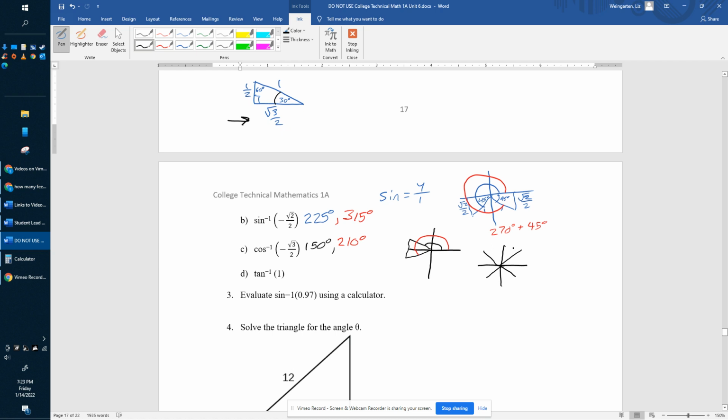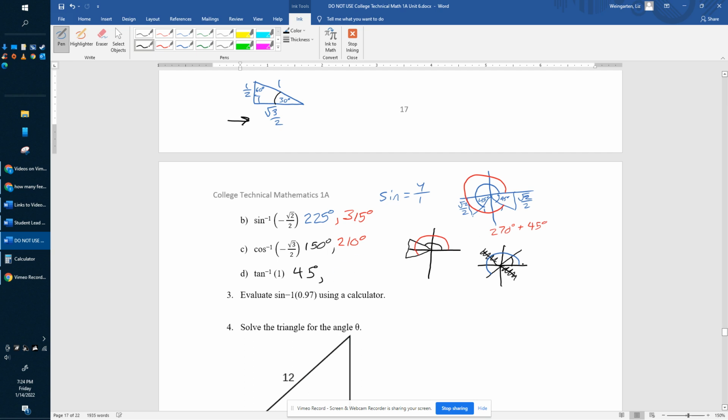However, our x and y have to have the same sign in order for it to be a positive one. So it can't be this guy, and it can't be this guy. So it's going to be one of these two angles. It's either going to be straight up 45 degree angle, or it's going to go all the way around and be that angle. So our first one's easy enough to figure out, 45 degrees.